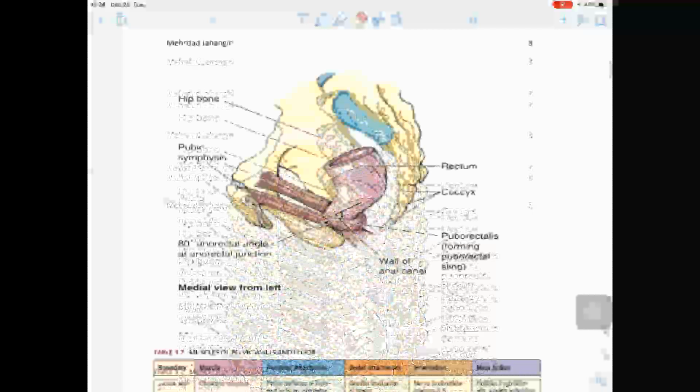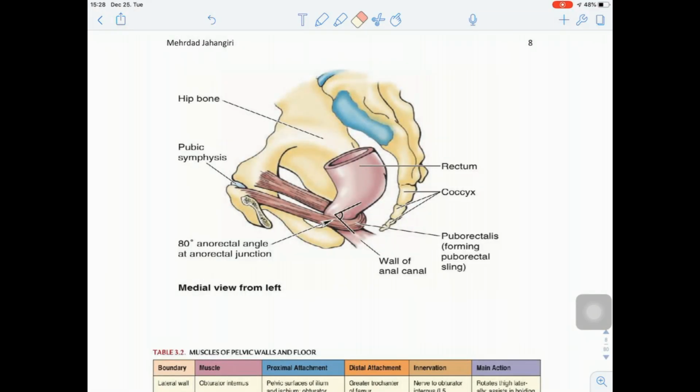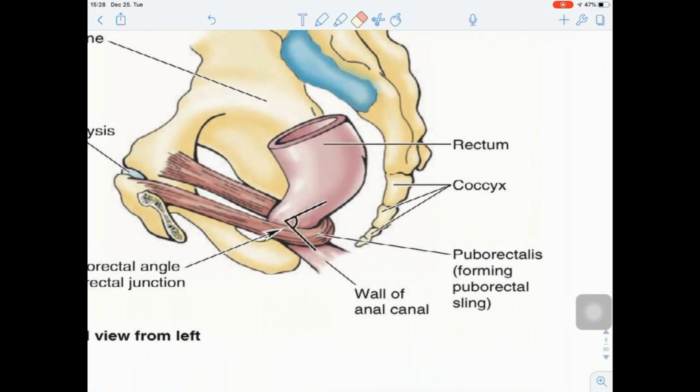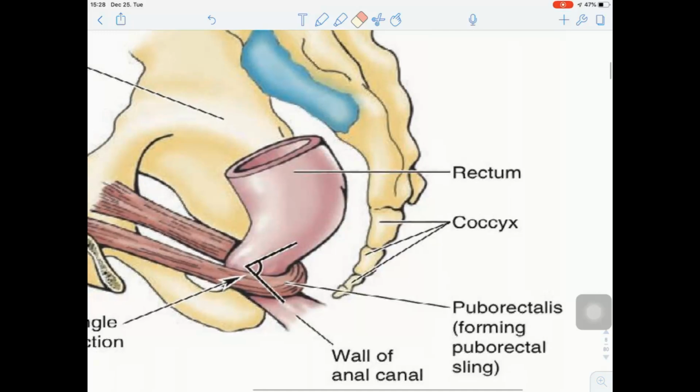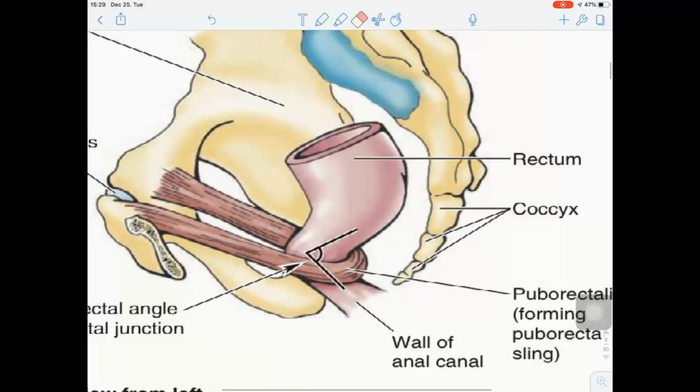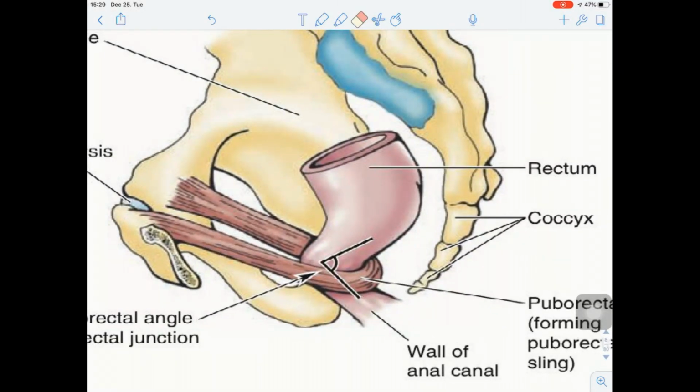What's the function of the rectum? To store the stool. In the lateral view, you see puborectalis forming a sling around the anorectal junction. Above the puborectalis you have the end point of the rectum, and below it you have the anal canal.